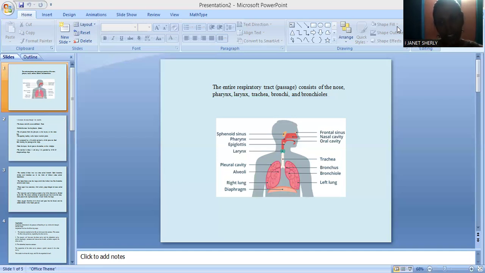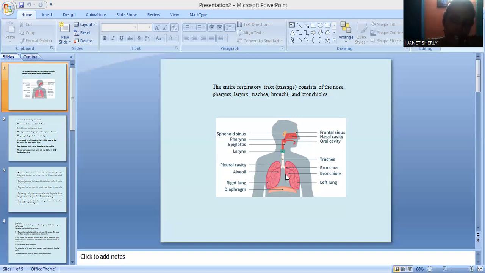Then the trachea is divided into two branches, and we call that a bronchus. So this is your larynx, and this is your trachea, and this trachea is divided into two branches, which we call bronchi. And each bronchus is divided into branches, which we call bronchioles. Then the bronchioles are further divided into finer branches.